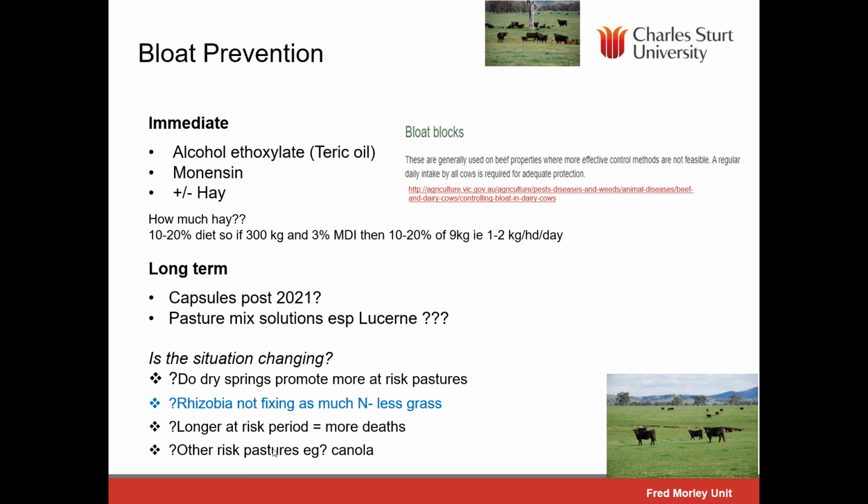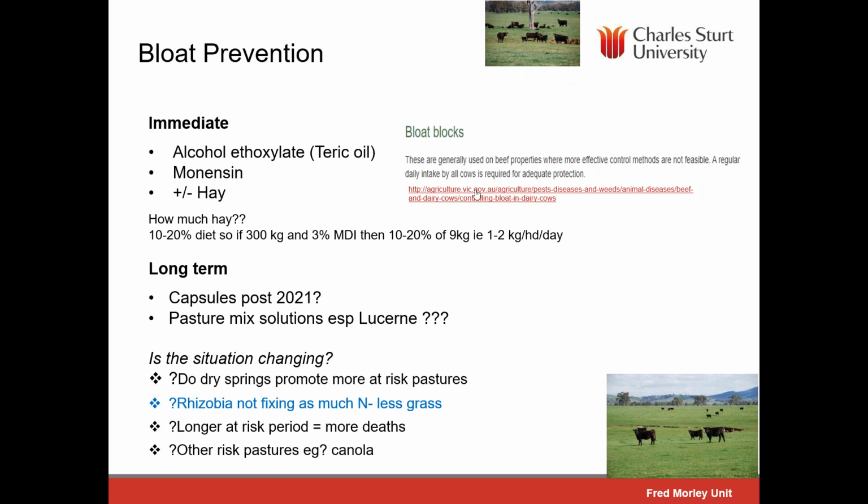And other pastures, we don't know a lot about grazing canola. Certainly brassicas in general have been reported as being mildly bloat causing, but not nearly as much as the legumes.